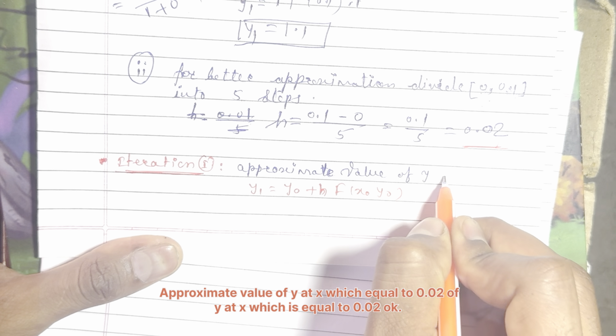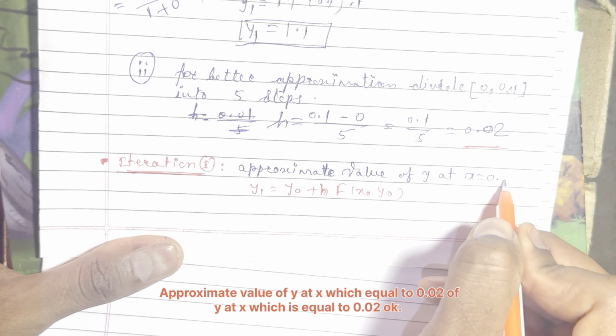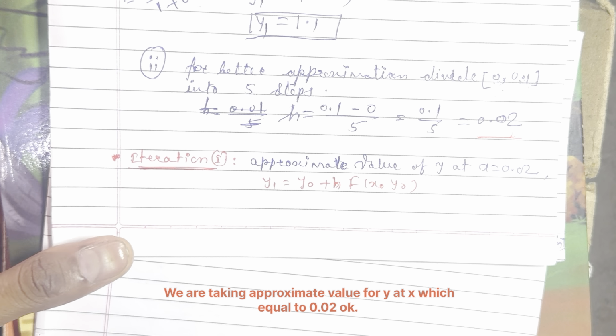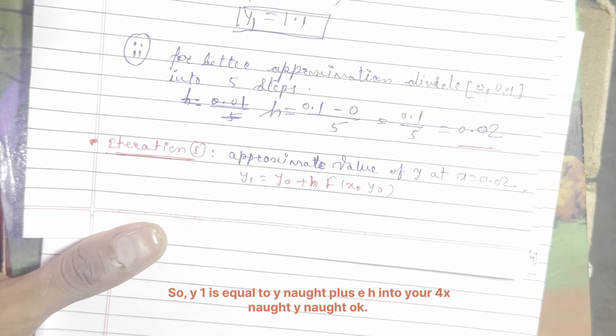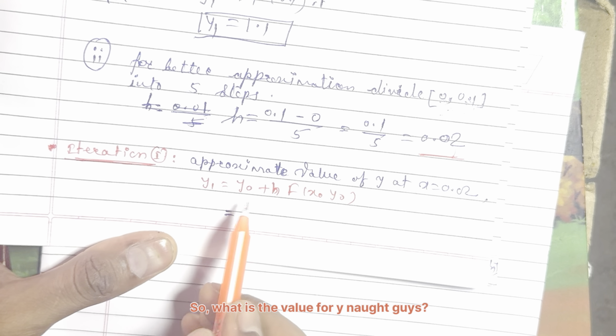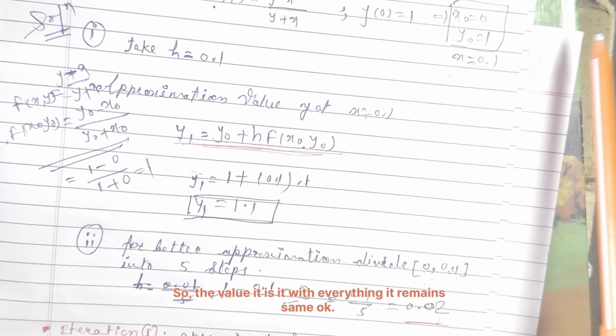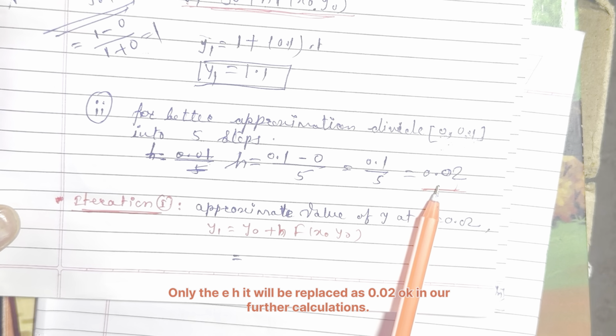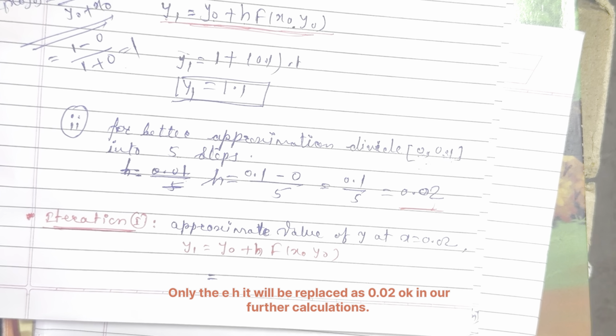So y1 is equal to y naught plus h into f of x naught, y naught. What is the value for y naught, guys? Everything remains the same, only h will be replaced by 0.02 in our further calculations.